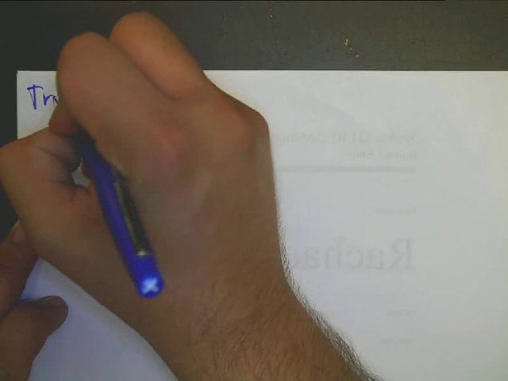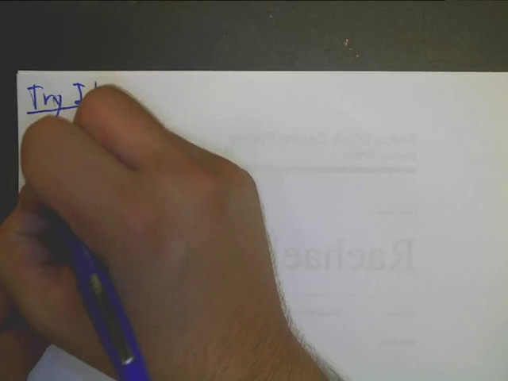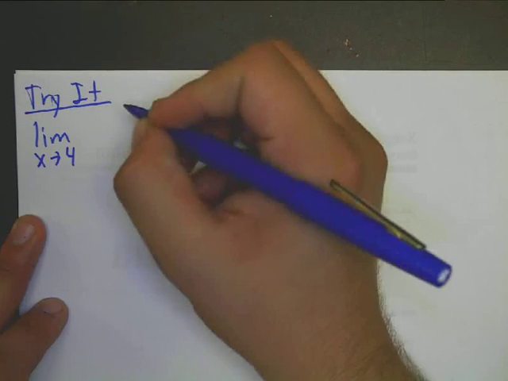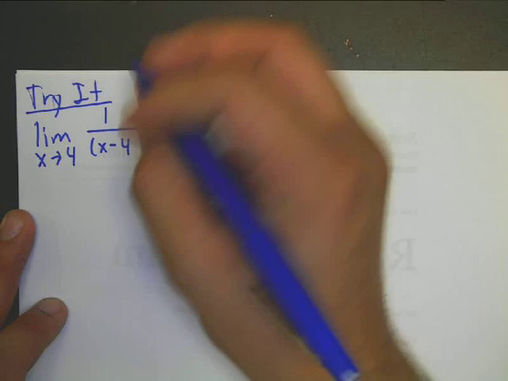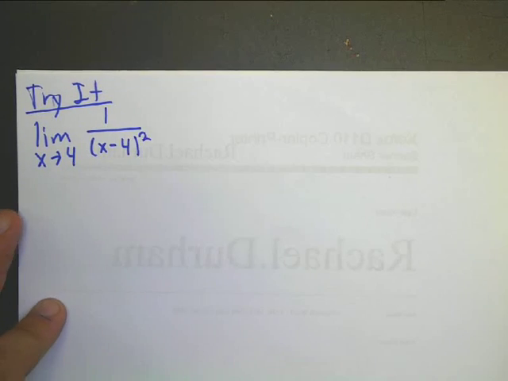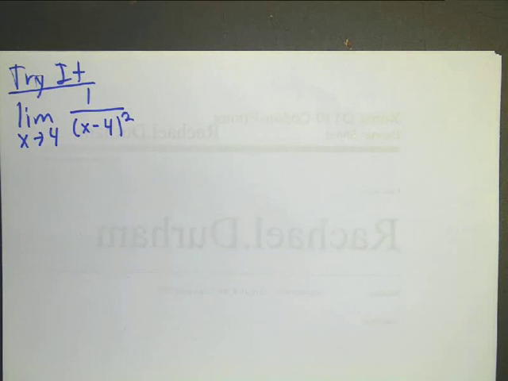Go ahead and look for the limit as x approaches 4 of 1 over (x minus 4) squared. Go ahead and try that one out. See if you can figure out where it approaches as you get closer. Take about 4 minutes.